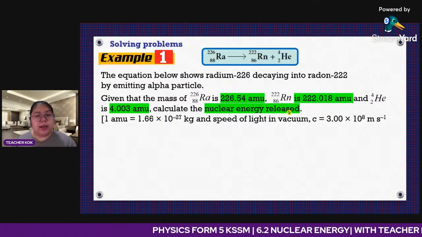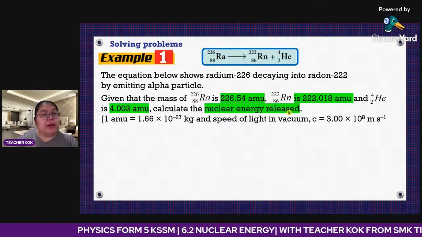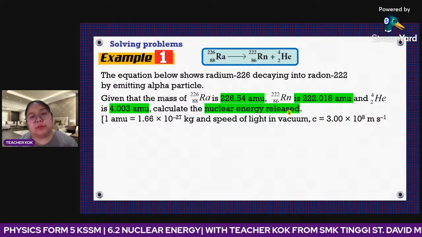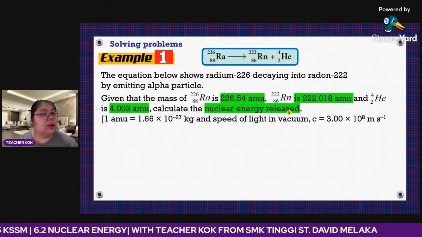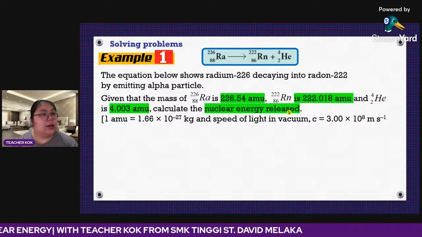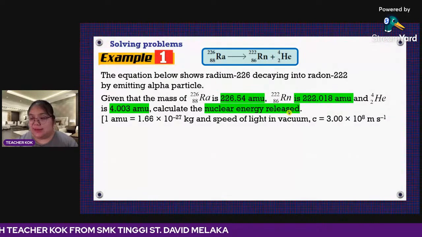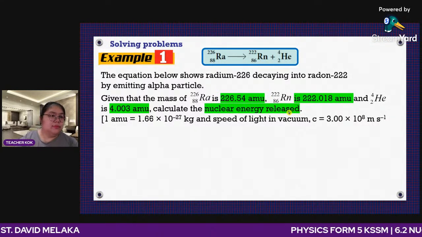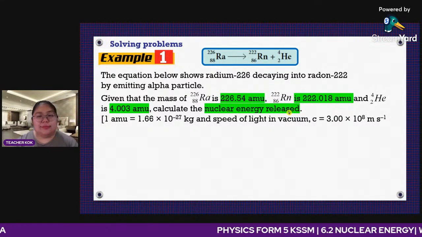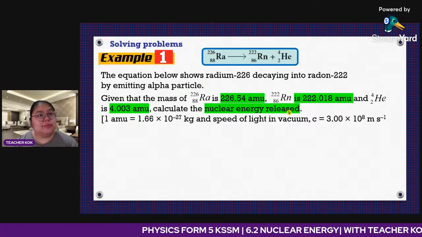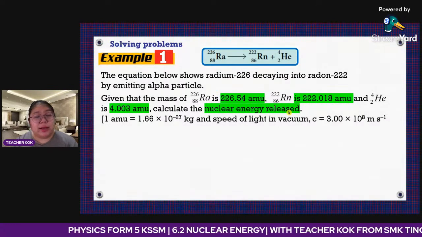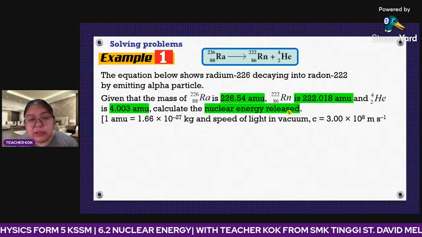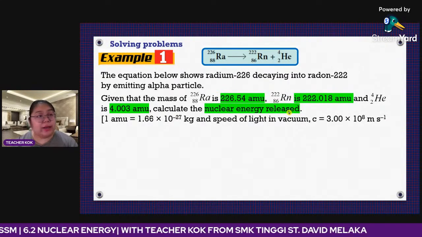Okay, anybody can tell me the mass defect in AMU is how many? Anybody can respond? We just minus.